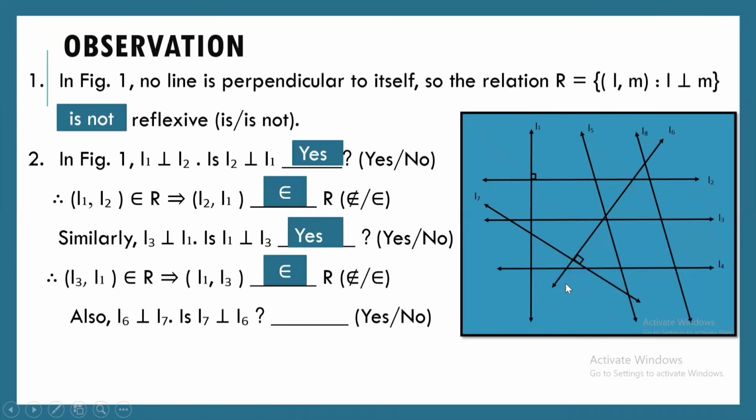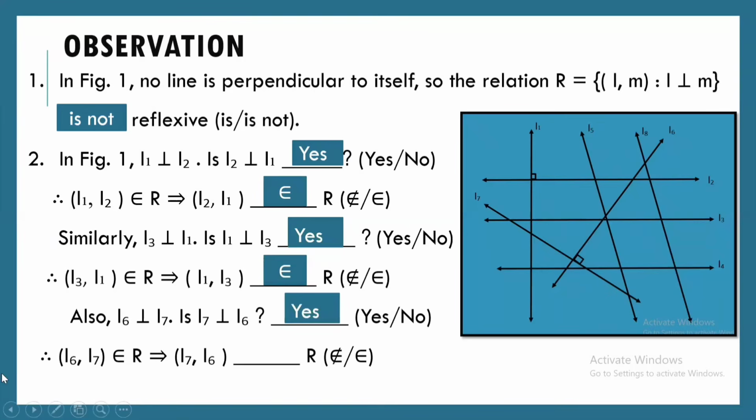L6 is perpendicular to L7, so automatically L7 becomes perpendicular to L6. So I can write here, yes. Therefore, (L6, L7) is an element of R implies (L7, L6) is also an element of R.